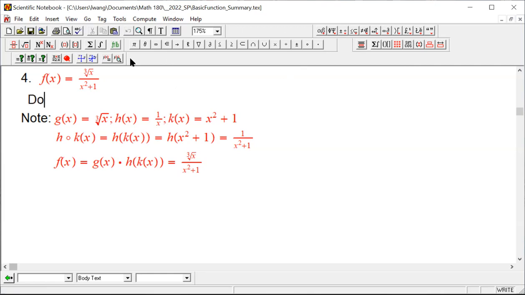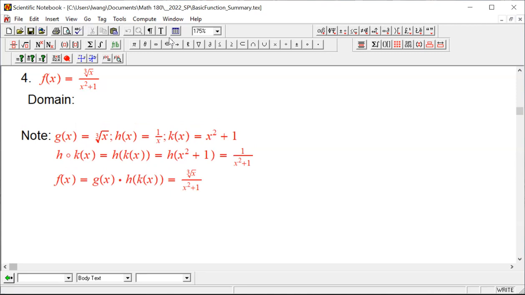After all, we want to determine the domain of this function. Well, the cubic root function has a domain of all real numbers and a range of all real numbers, and it's in the numerator, so it can be any number. The denominator cannot be 0, but x squared plus 1 is always at least 1, right?